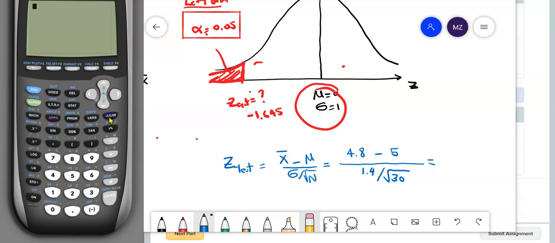All right, let's do this. Open a parenthesis, 4.8 minus 5, divided by, open a parenthesis again, 1.4 divided by radical 30.